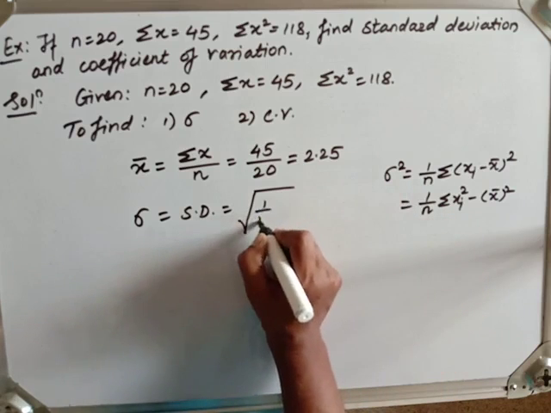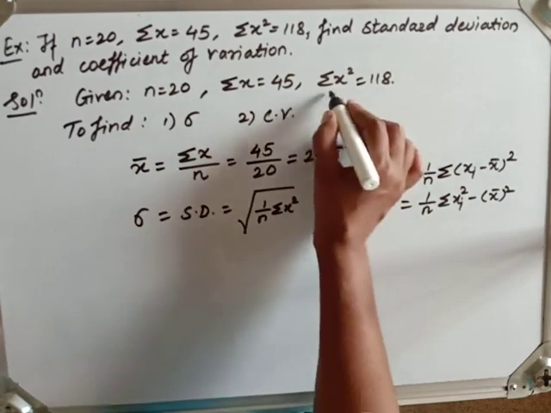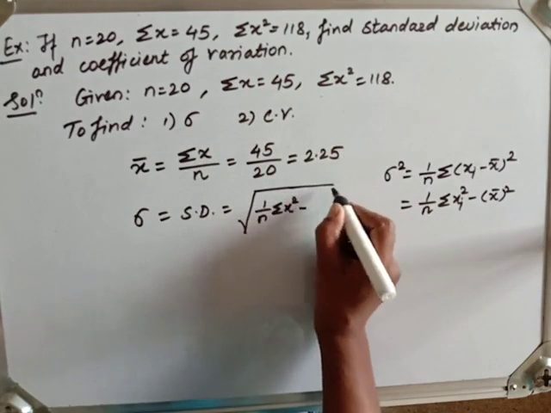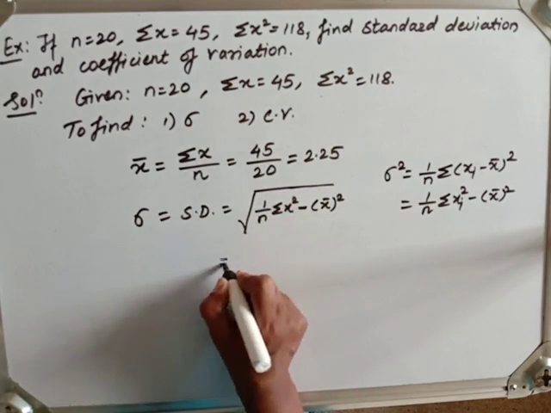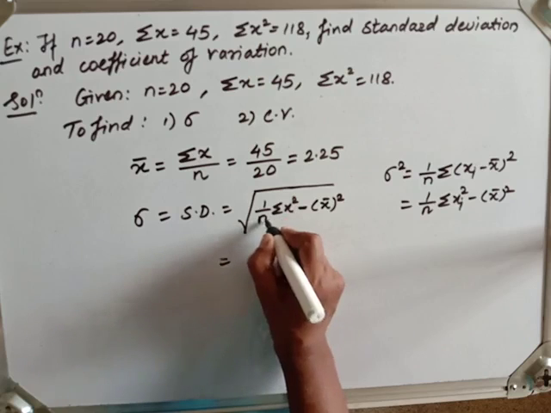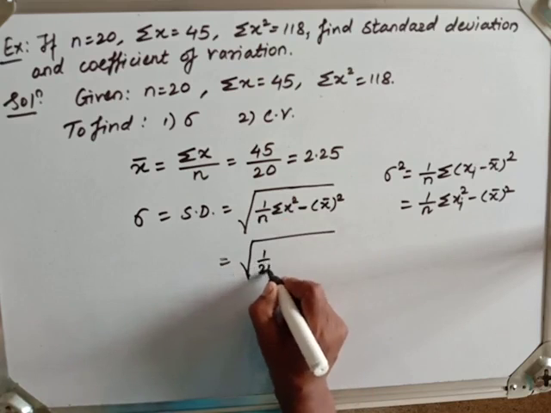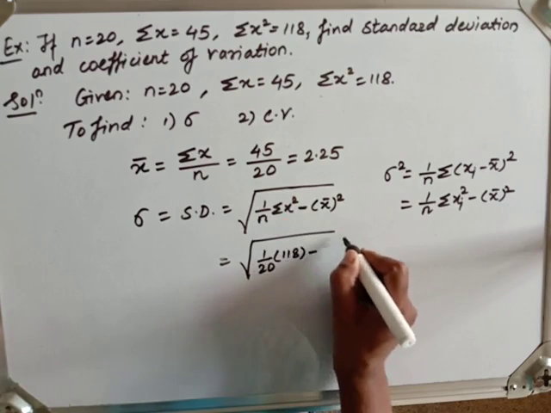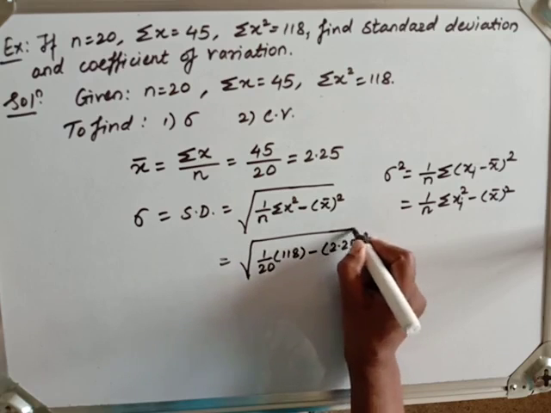Here it is 1 upon n summation x square, minus x bar square. We have x bar, summation x square, and n. So it is the positive square root of 1 by 20 into 118, minus 2.25 square.